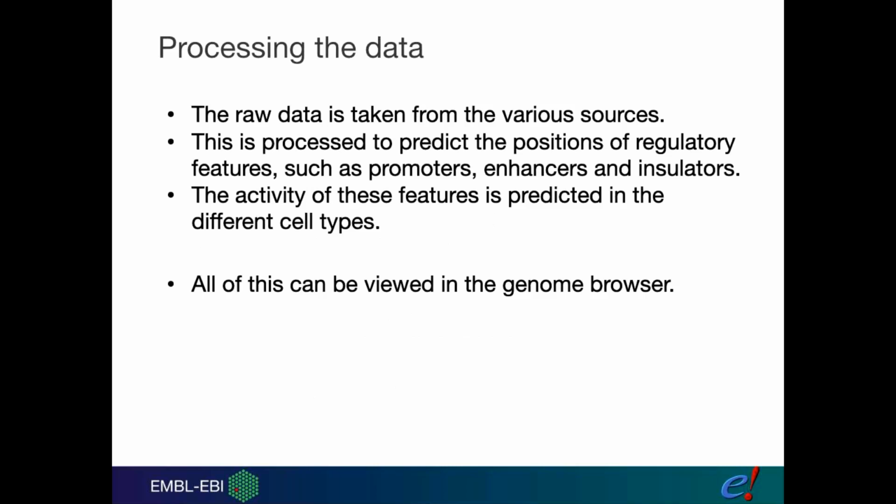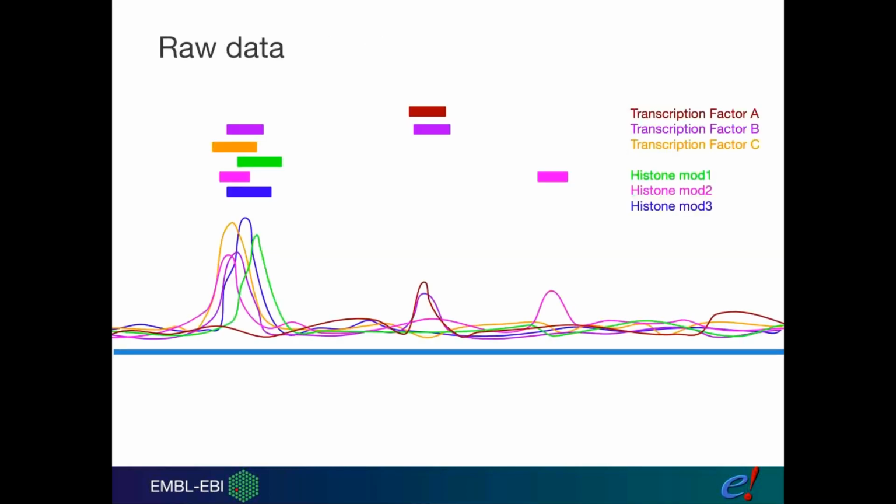So if we imagine this is again a very simplified version of what the data would look like from a single cell type. What we have, our squiggly wiggle track here, is showing us the number of reads for a particular experiment, and these blocks here are giving us the peaks. They're giving us the point where we've said, yeah, this is significant.